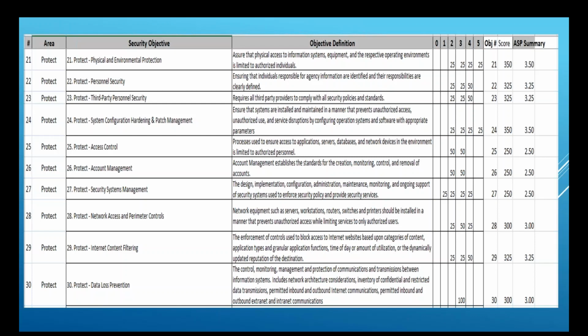So in most cases, you're going to have some level of access control. You may not have that across all of your systems. So in this case, I scored a 50% in level 2 and a 50% in level 3.